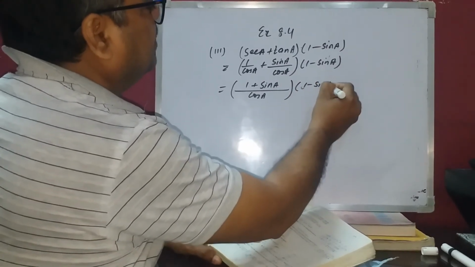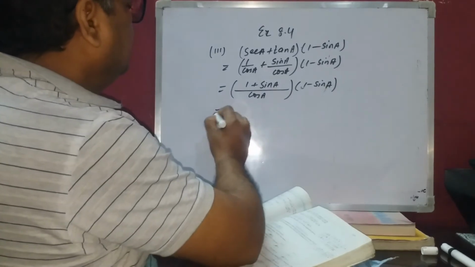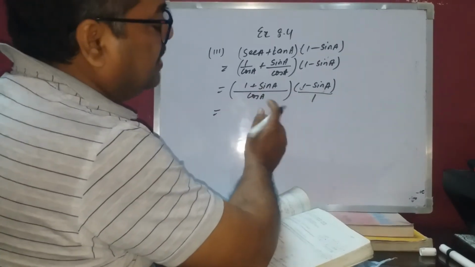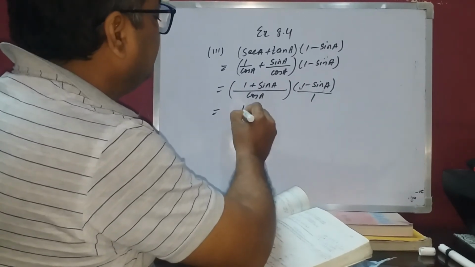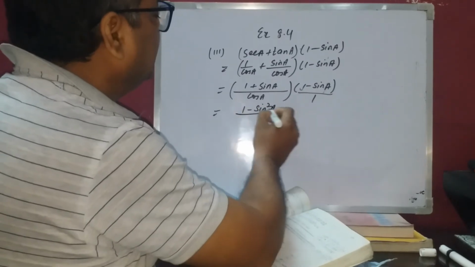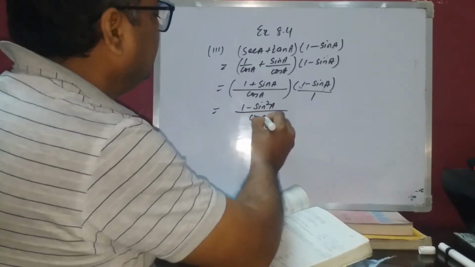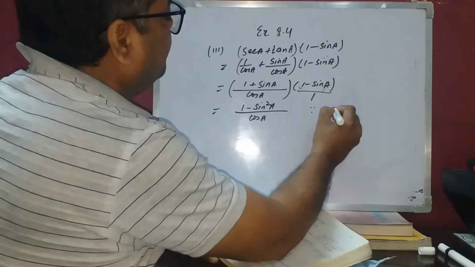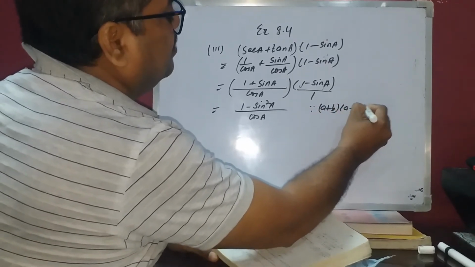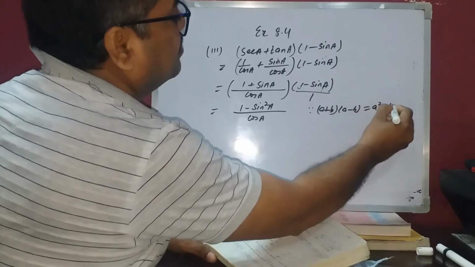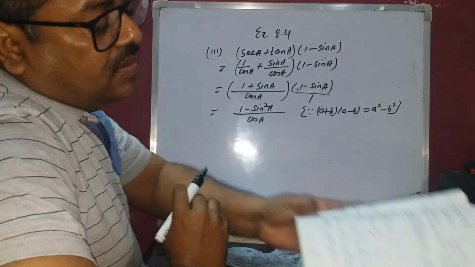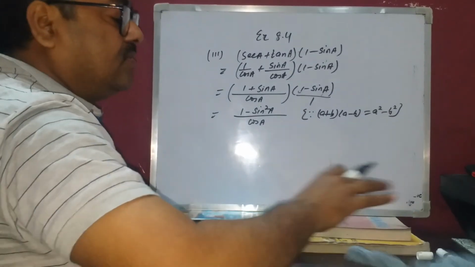Now you will write here 1. If you multiply the numerators, you will get 1 minus sin square A. By following the identity, since (A plus B) into (A minus B) is A square minus B square, the algebraic identities are important for trigonometry also.